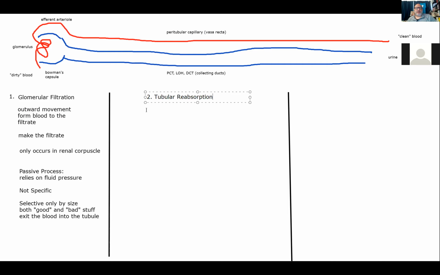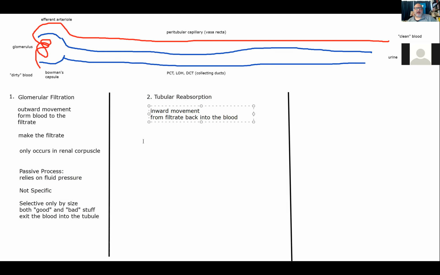With tubular reabsorption, as the name would indicate, this is an inward movement. I misspelled from. From the tubule, or let's say from the filtrate, to be consistent, back into the blood. Excellent.